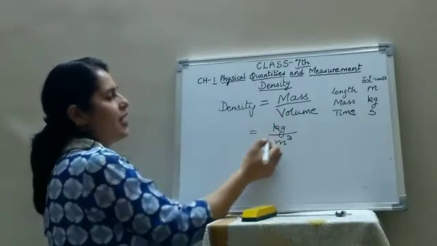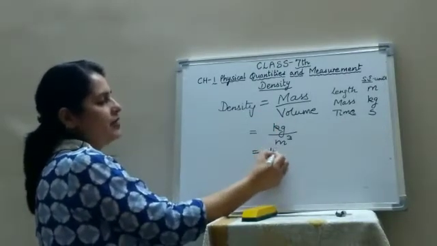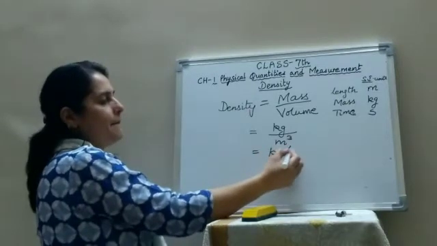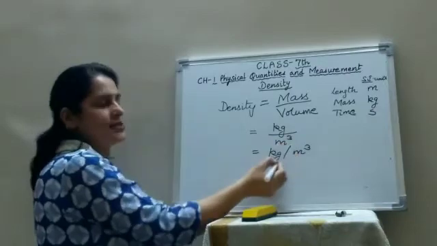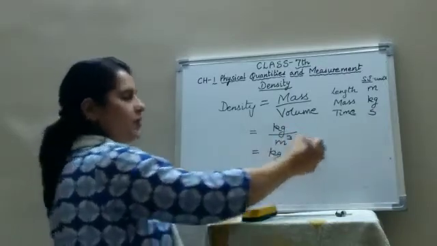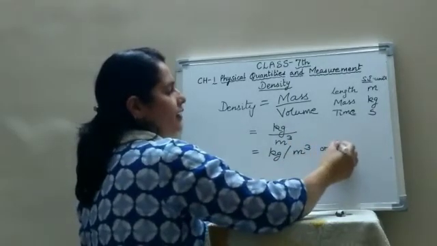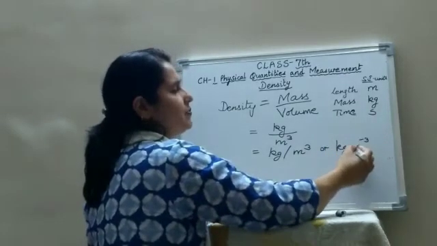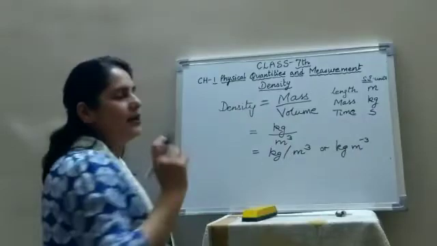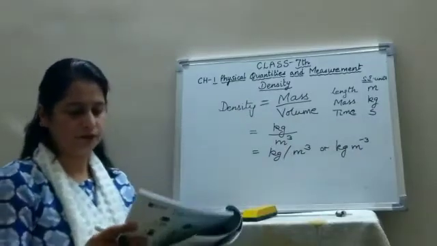So here comes the SI unit of density: kilogram per cubic meter. Either you can use a slash, kilogram per cubic meter, or you can write it like this: kilogram meter to the power of -3.